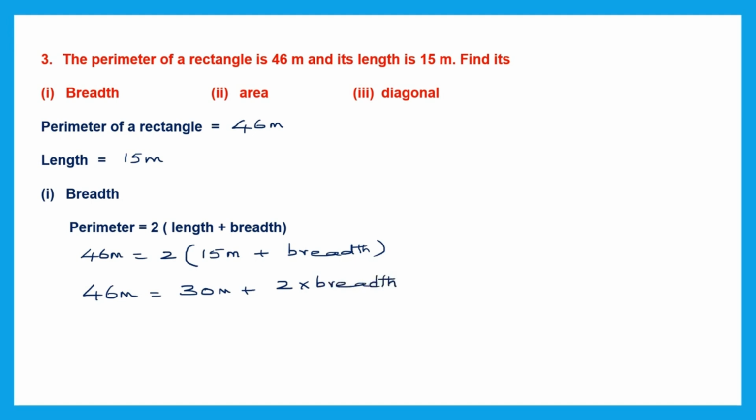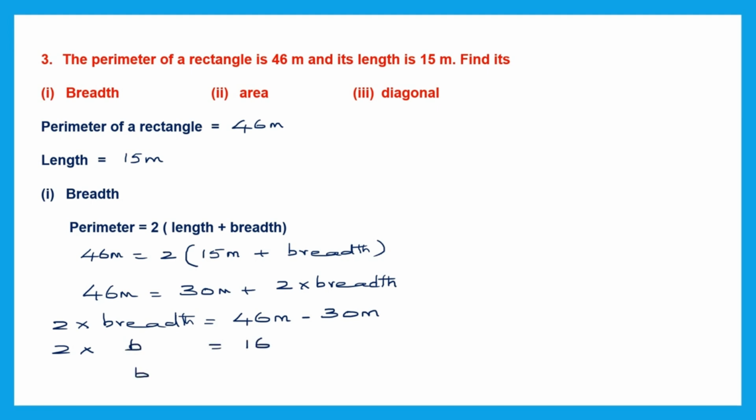So now to find breadth, we say 2 into breadth is equal to, now on the other side we have 46 meters minus 30 meters. Because we are transposing 30 meters to the other side, it becomes minus. So now 2 into breadth is equal to 46 minus 30 is 16.